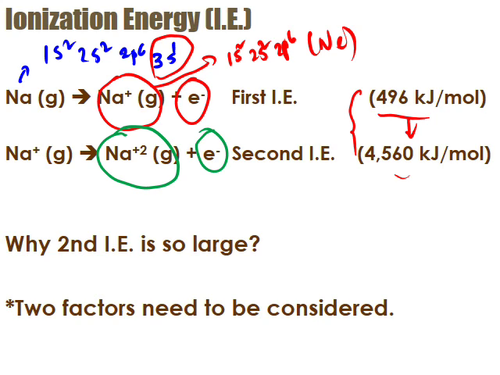So as you are knocking off electrons one after another, the positive charges created are larger and larger, and the force of attraction trying to hold the electron is larger and larger. So from first to second there will be an increased attractive force, so you have to put in extra energy. From second to third there will be another increase in attractive force, so you need to put in extra energy. That's why ionization energy consistently increases as you go from first to second to third and so on. However, there will be a big jump whenever you are breaking a noble gas configuration.